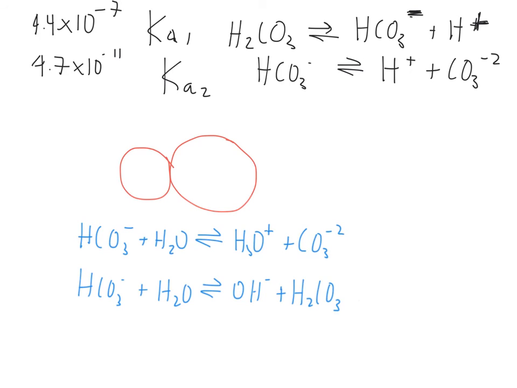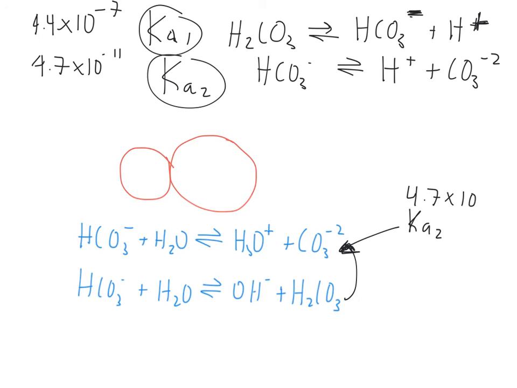Okay, so now what you see is the Ka1 and the Ka2 for carbonic acid. You need to think about how these values are going to apply to you deciding which of these two systems is the dominant system to decide if what you're going to have is an acidic or basic solution. So it's pretty obvious, hopefully, looking at this first system here, you're looking at the second ionization of carbonic acid. So you're looking at the Ka2, which I've looked up, is 4.7 times 10 to the power of negative 11.